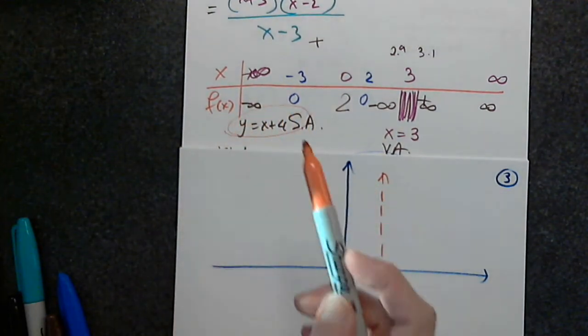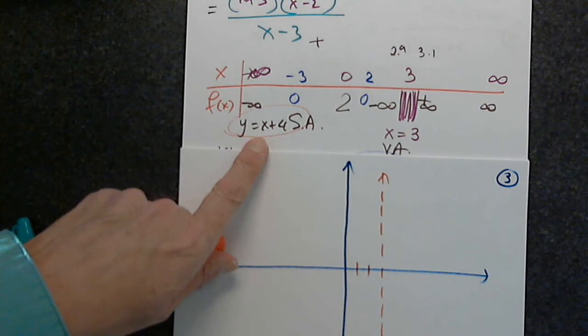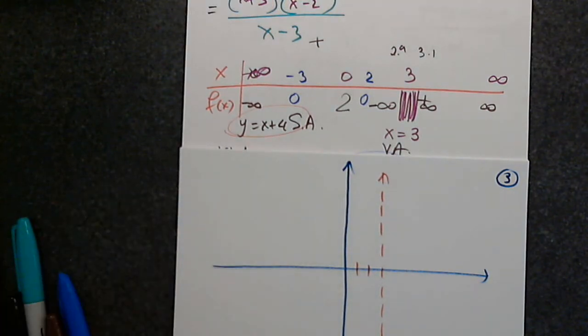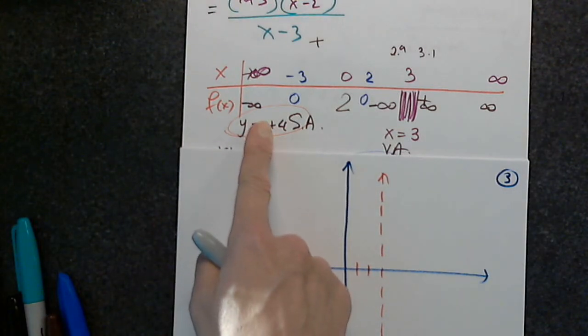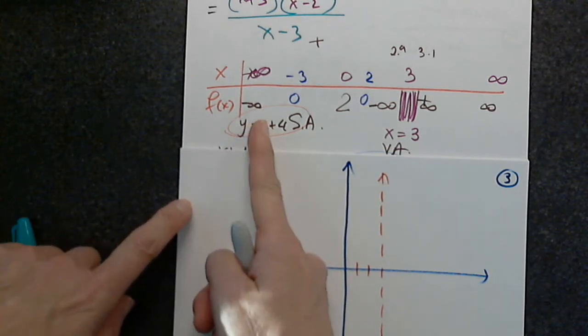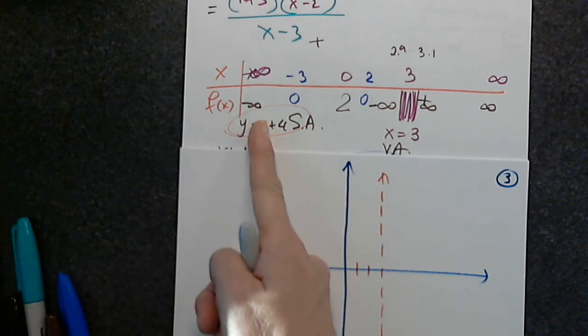Here's the second one. But here I have to find 2 points. And remember the x and y intercepts. When x is 0, how much is y? Careful. When x is 0, y is 4.